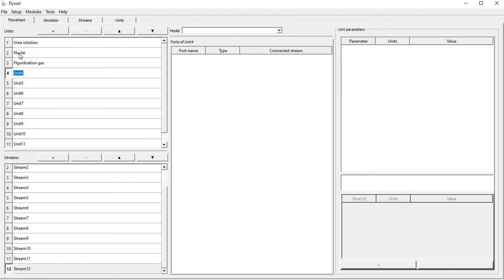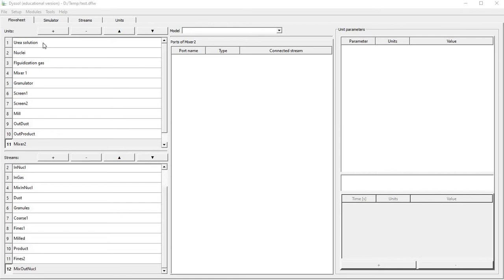Next one will be granulator, no, mixer 1, and we can continue to rename all unit operations as well as all material streams. So now I have defined all my unit operations and material streams. In the next step, I can save the flowsheet as a separate file.